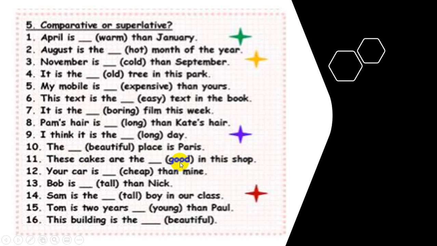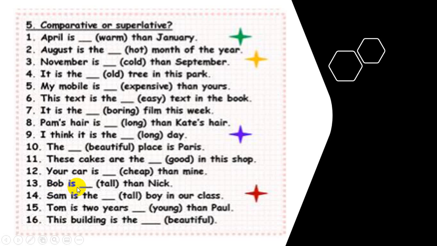Excellent. Good here. Completely changed to the best in the shop. These cakes are the best in this shop. Number 12. Your car is ___ than mine. Very good. Cheaper than mine. Cheaper than.